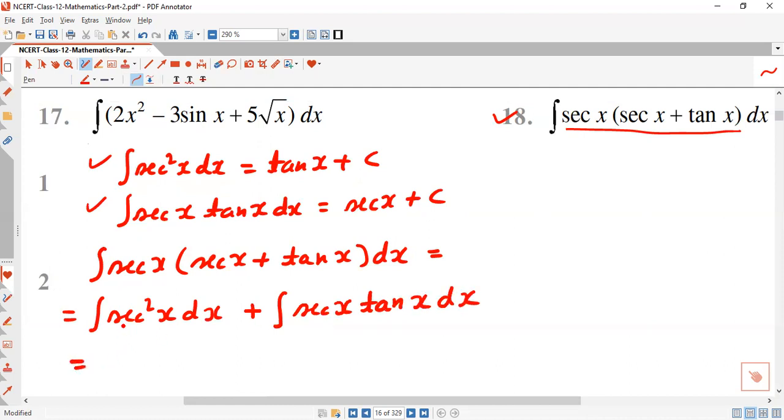Now, integration of sec square x dx, we know the formula: sec square x dx will be equal to tan x plus c. So it becomes tan x plus integration of sec x tan x. Again, we know this formula: sec x tan x dx equal to sec x plus c. So the answer of this question is tan x plus sec x plus c.